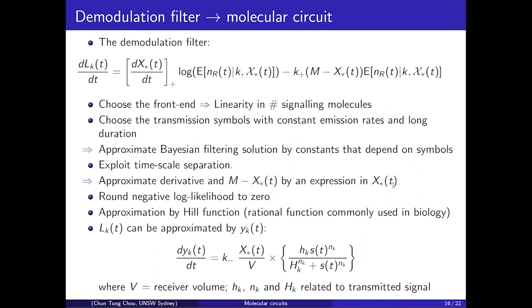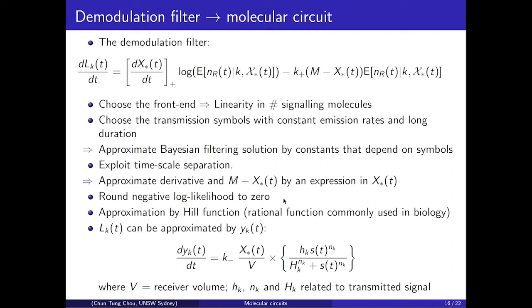We want a long duration because we essentially want to do averaging. Think about the law of large numbers: we want to average a lot of quantities in order to get good estimates. Now, the log likelihood can be both positive and negative, and we don't want complex circuits. So we have chosen to round the negative log likelihood to 0.